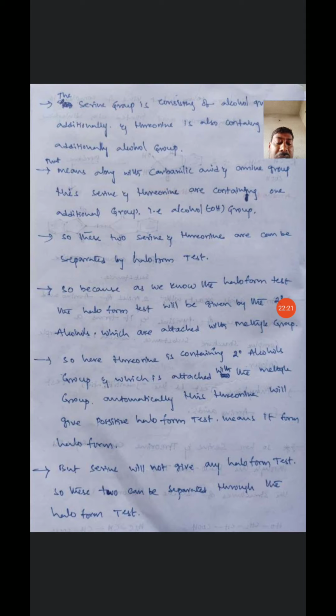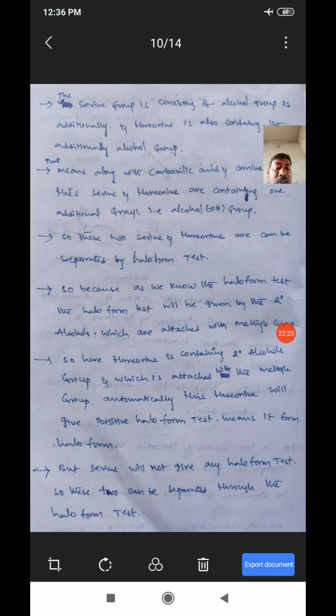But serine will not give any iodoform test. So these two can be separated through the iodoform test.